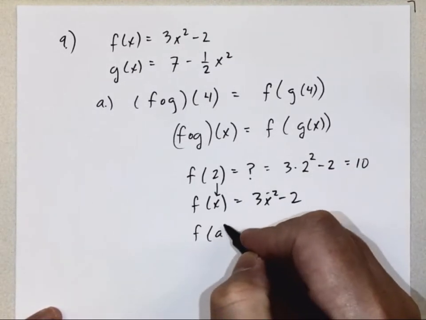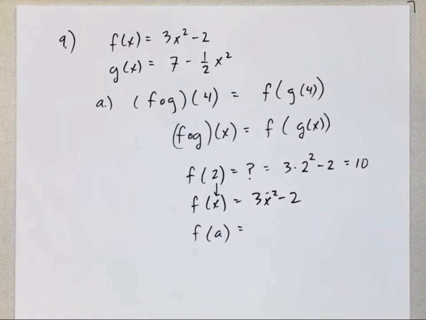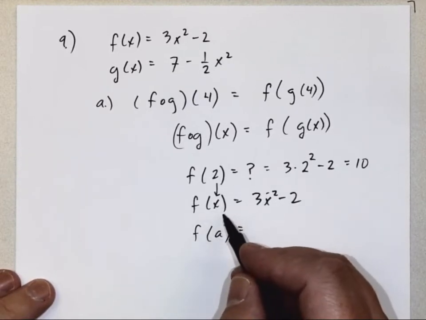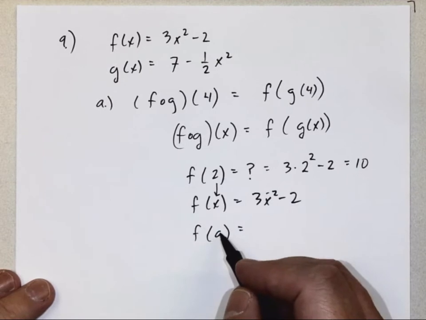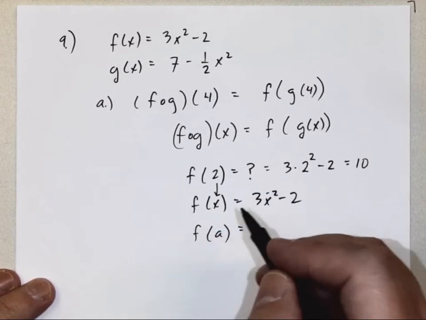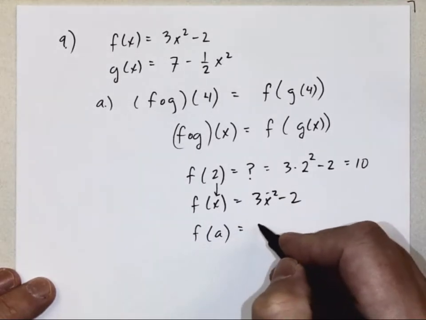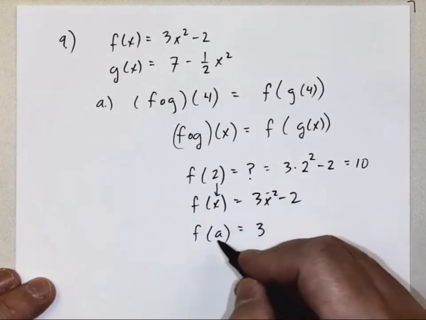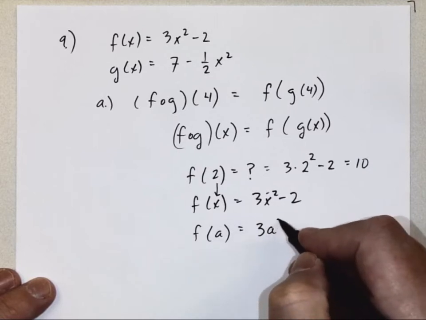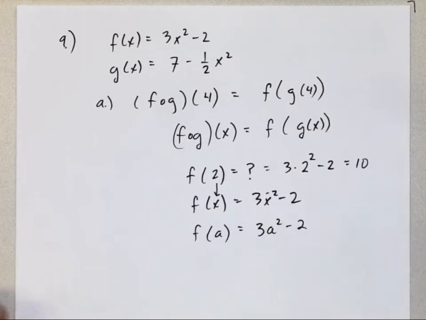Just to make the point clear, what would happen if I was asked to find f of a? Well, what does that mean? You go to your f function, and now every place you have an x in your function, you replace it with the letter a. So f of x is 3x squared minus 2. F of a would be 3, but instead of x, I replace it with the a, 3a squared minus 2.